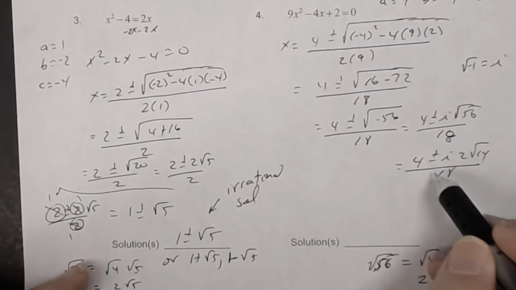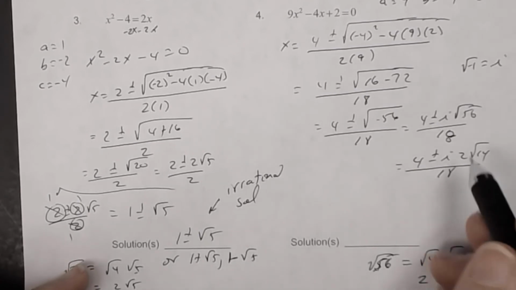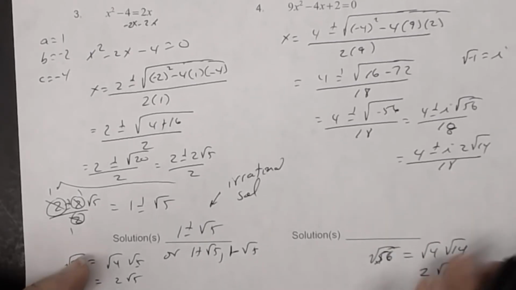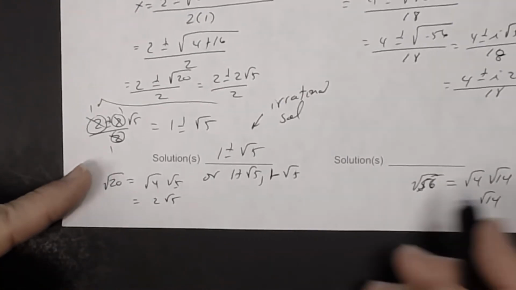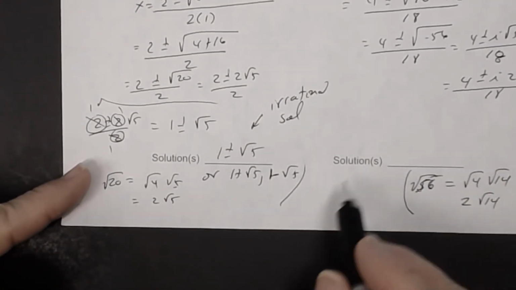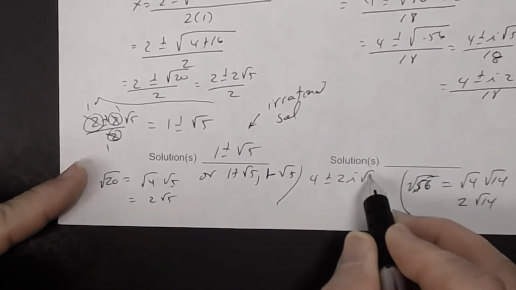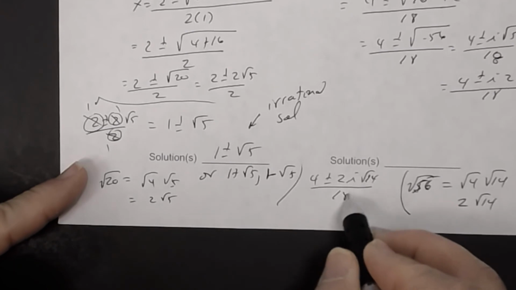What I want you to notice is this. Can I reduce the 4, the 2, and the 18? Yes. So I want you to think about this. I'm going to put that right here. So that's 4 plus or minus 2i square root of 14 over 18.